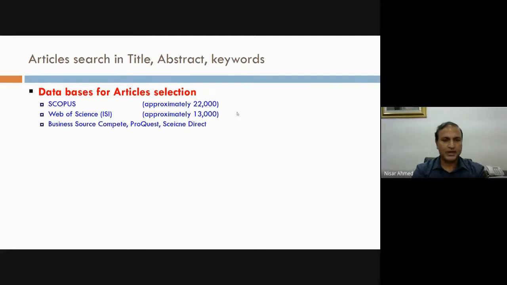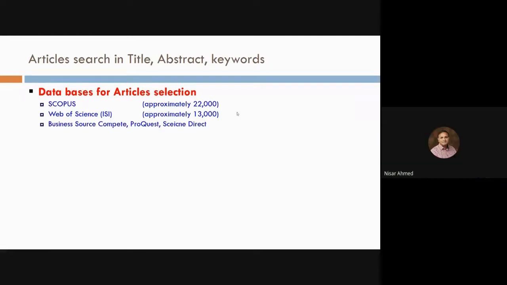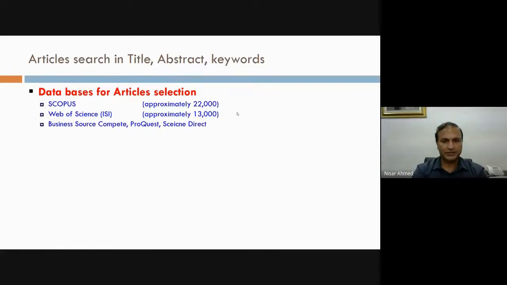So once you select your sample from these Business Source or Science Direct, then you have to bring citations from Google or from any other source. But we have Scopus and Web of Science, which include the information, citation information, so you don't need to do that.